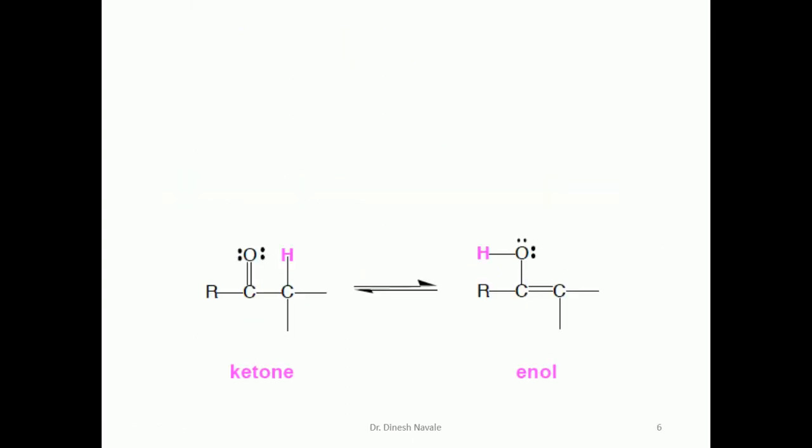So now, enols and enolate ions. We have one example of a ketone, and this ketone has been converted into the enol form.